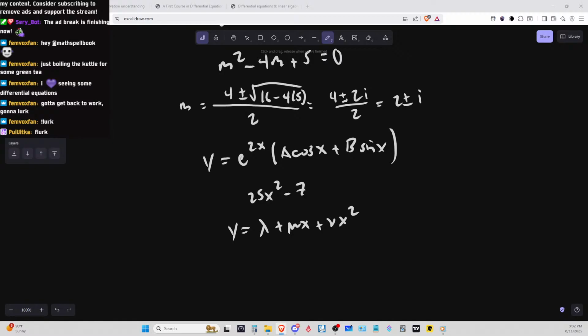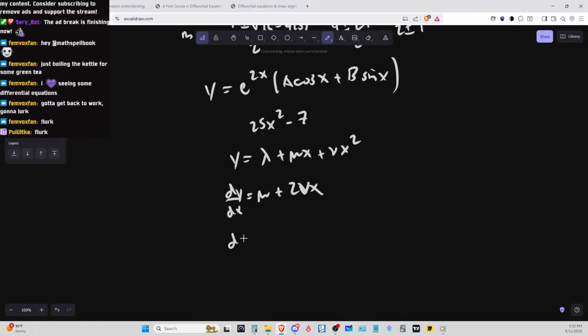Yeah, I think that is. Yeah, it is. Okay, so now we have to take the derivative of that, which is mu plus 2 nu x, and then the second derivative is 2 nu. Okay.